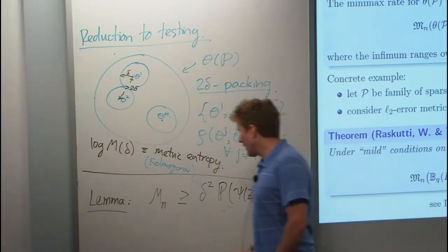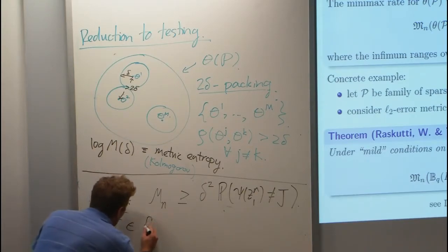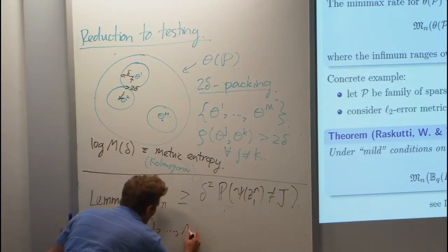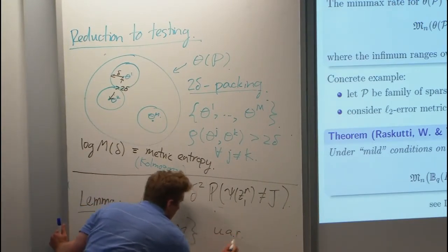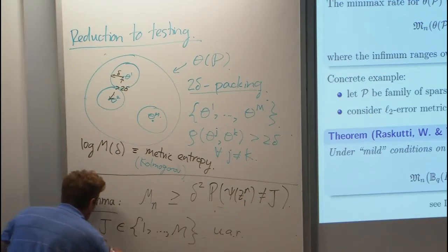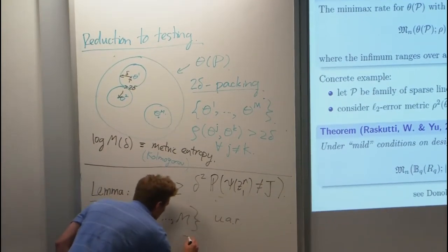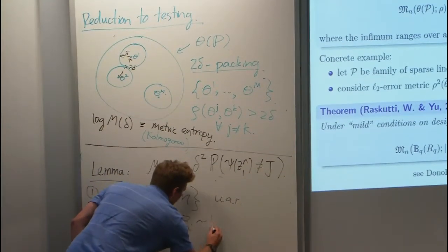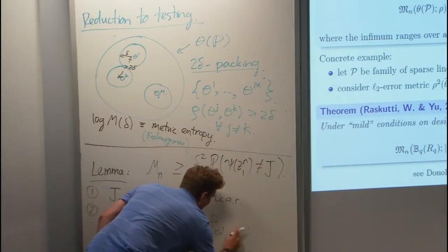So J here is an index that belongs to my index set, 1 through M. Those are indexing models. I draw that uniformly at random. And then, given that J is equal to some little j, I draw these z_i's from the model indexed by theta_j, for i equals 1 to n.